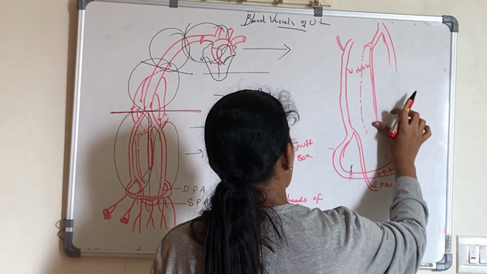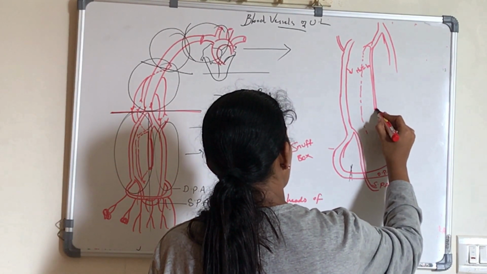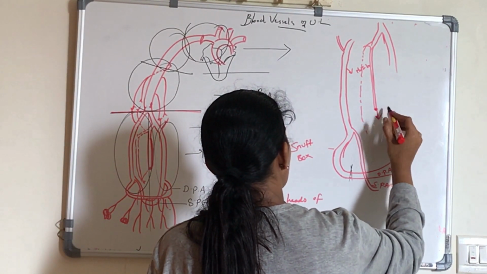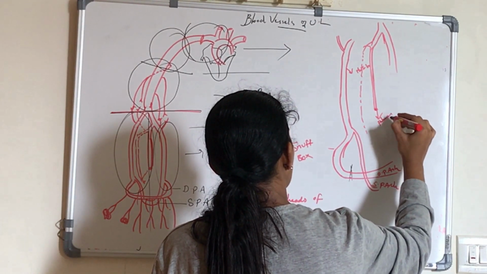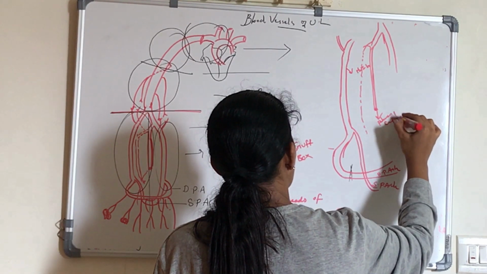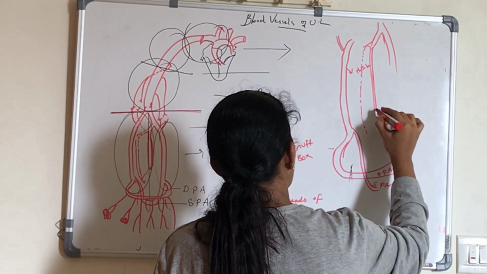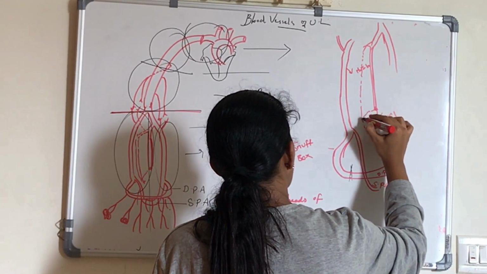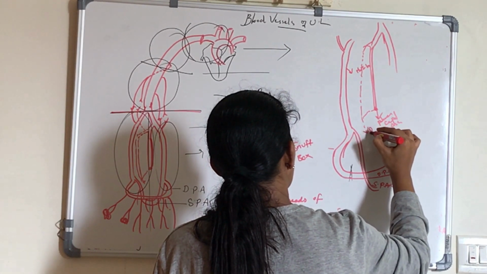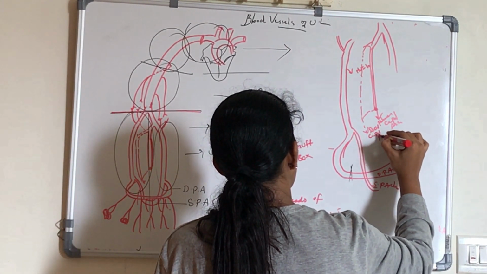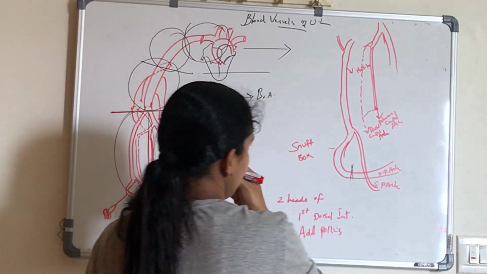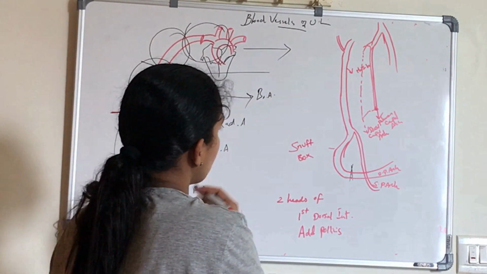This anterior interosseous, just above the pronator quadratus, gives a branch to the palmar carpal arches. Then it pierces the interosseous membrane to anastomose with the posterior interosseous artery, which also gives branches to the dorsal carpal arches.